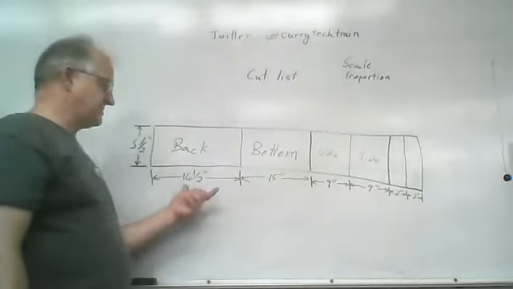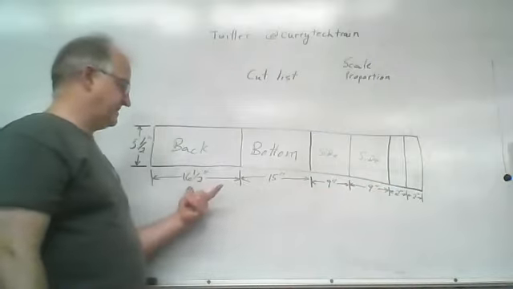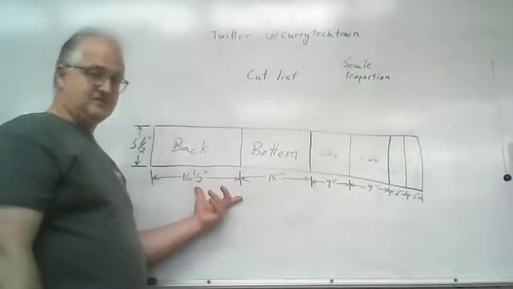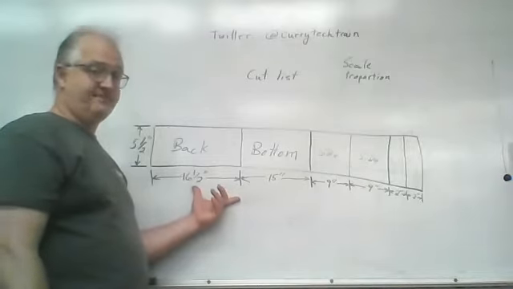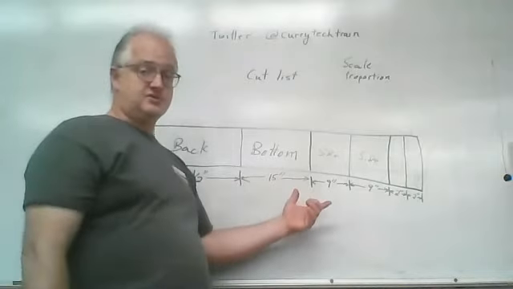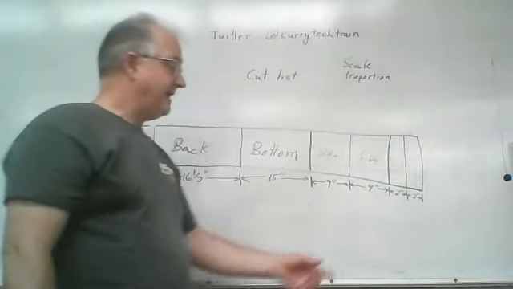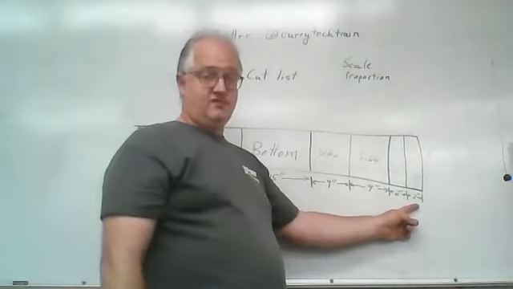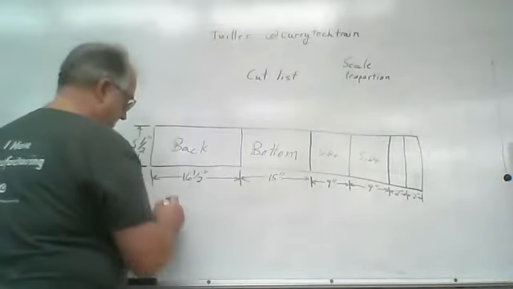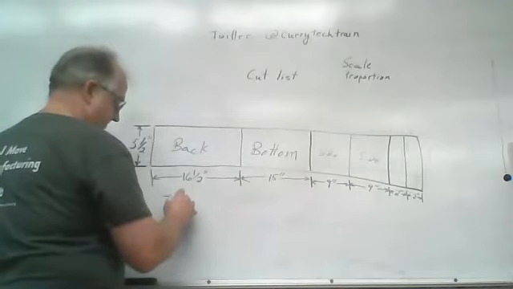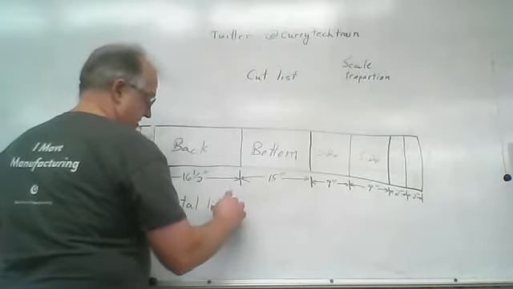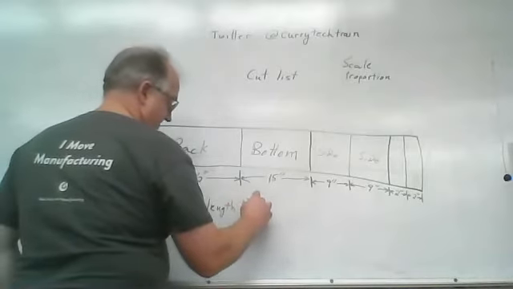Now I can also take these two numbers, 16 and a half and 15, and I can real quickly add those in my head. So that's 31 and a half inches. So I got 31 and a half inches plus 20 inches, which is 51 and a half. And then I still have this 2 inches over there. So that means 53 and a half inches. Total length equals 53 and a half inches.